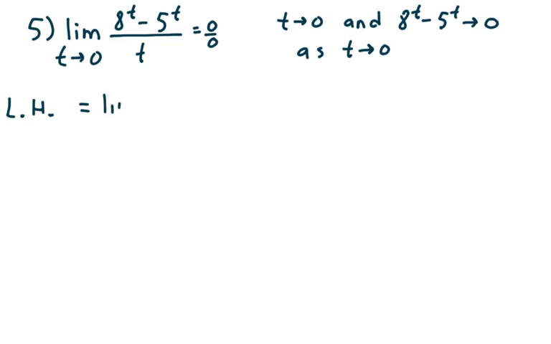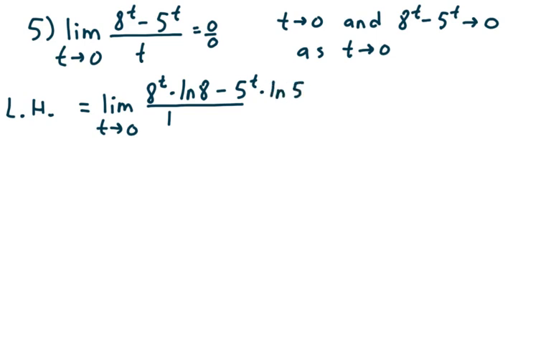And so this is the limit as t goes to 0 of, now, the derivative of the denominator is 1. The derivative of the numerator is 8 to the t times natural log of 8, minus 5 to the t times natural log of 5. All right? Now, we can do direct substitution now.